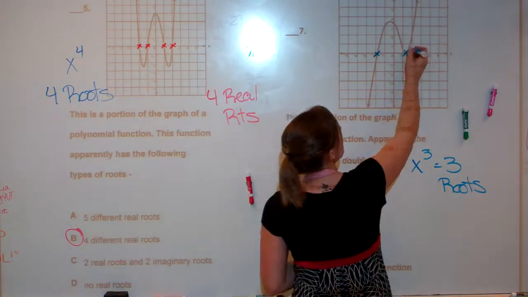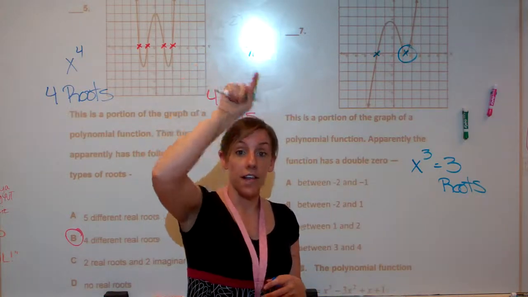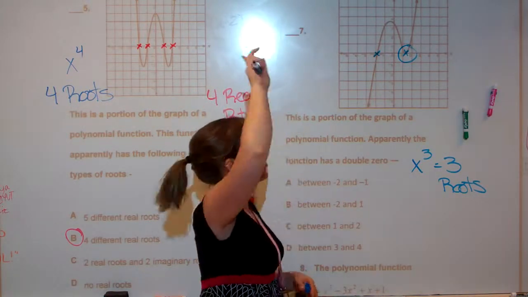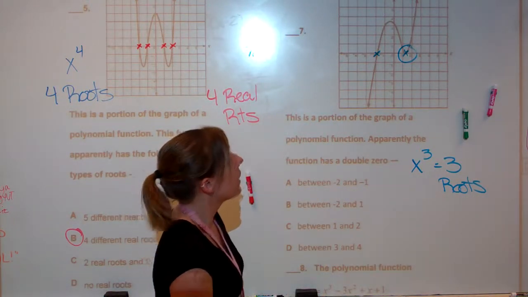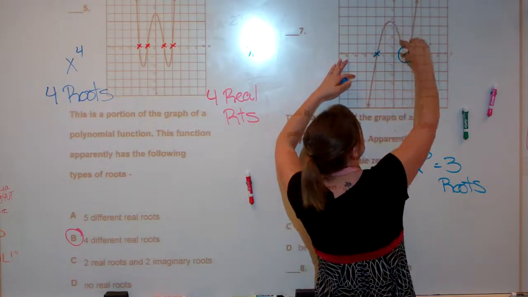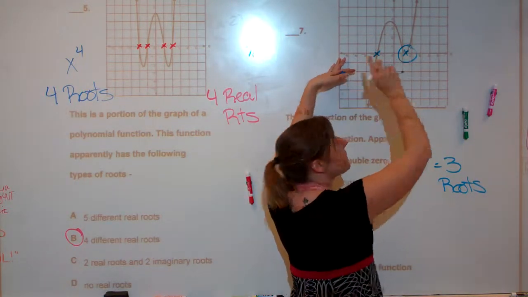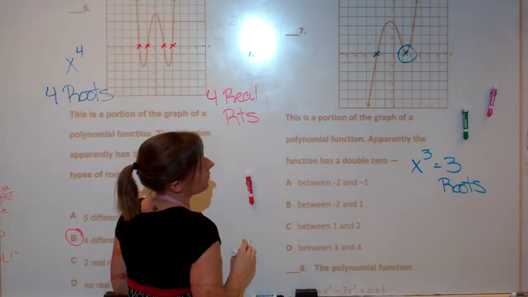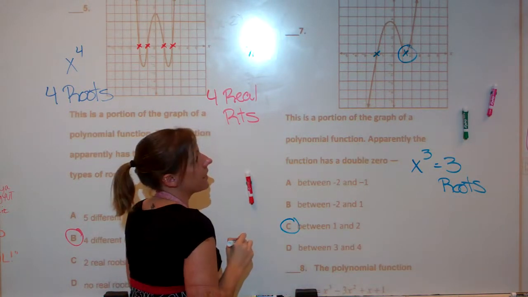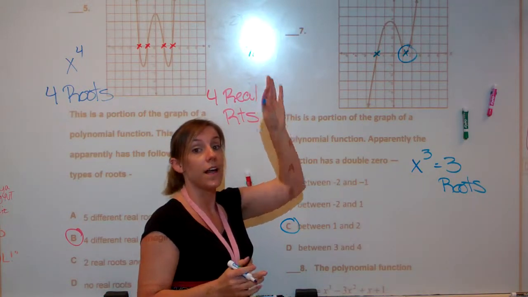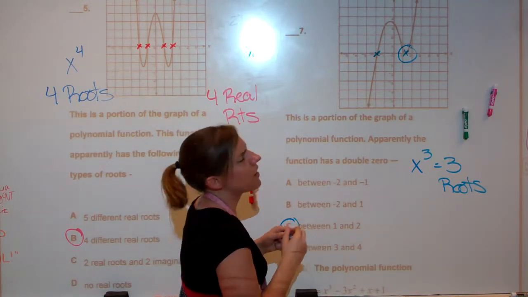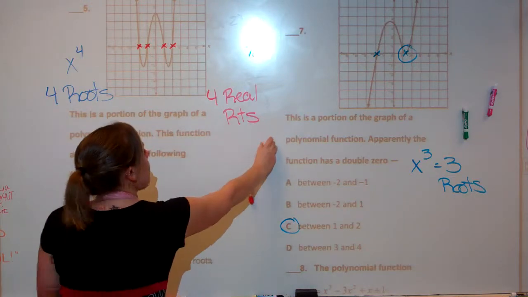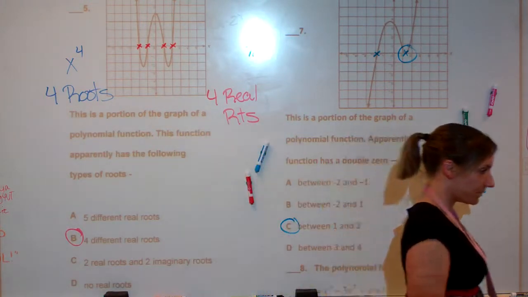And that double root is right here where it just touches it and then goes back off of that graph. So if it was imaginary, it wouldn't even touch it. So it touches it, but it doesn't cross it twice. So this stands for the double root, which is between 1 and 2. So remember, if it just hits it one time, it stands for that double root, which I know we saw in some equation stuff as well.